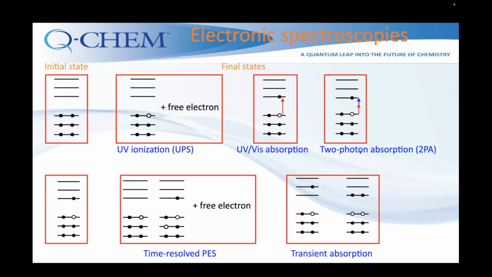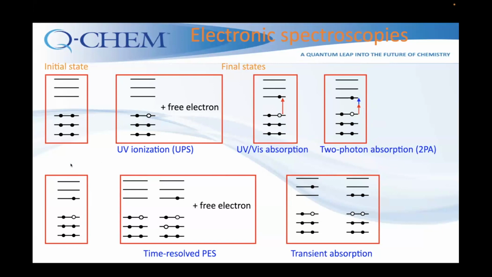For example, you can use two-photon absorption, and the school had a lecture about two-photon spectroscopies, so I decided to include it in my talk, where you also probe transitions between the ground and excited state of a molecule, but do it by absorbing two photons at once. It's a very interesting technique that delivers complementary information to UV-Vis absorption.